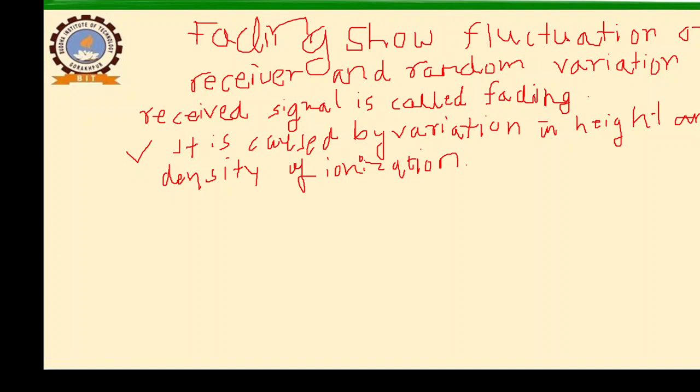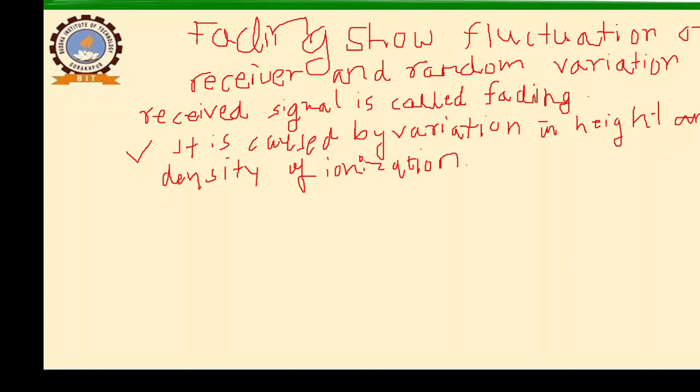Today we have the topic of the introduction to small scale fading. Small scale fading, or simply fading, is used to describe the rapid fluctuations of the amplitude and the phase of a signal over a short period of time or travel distance.